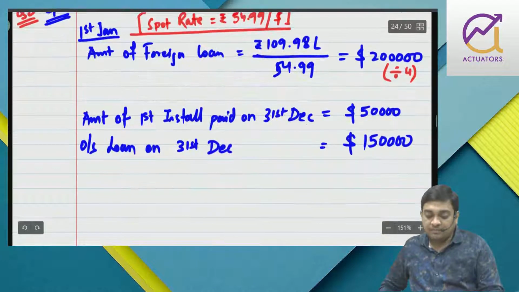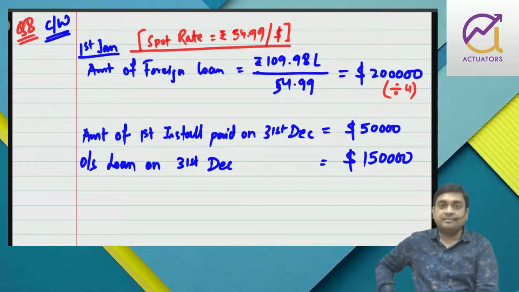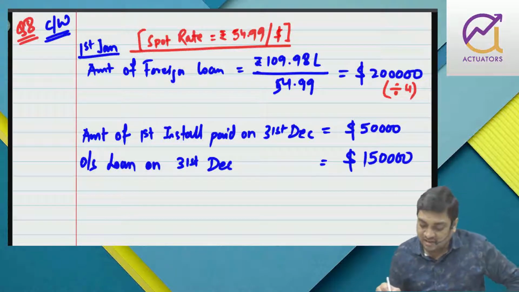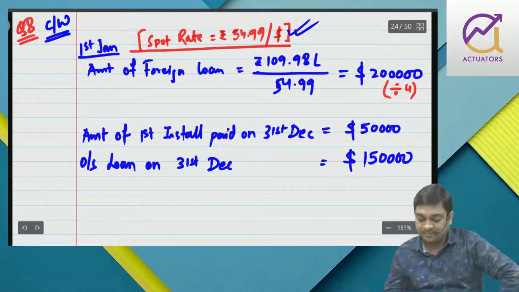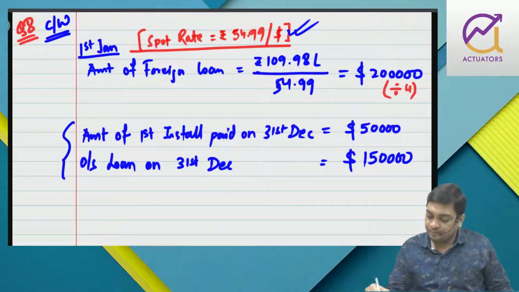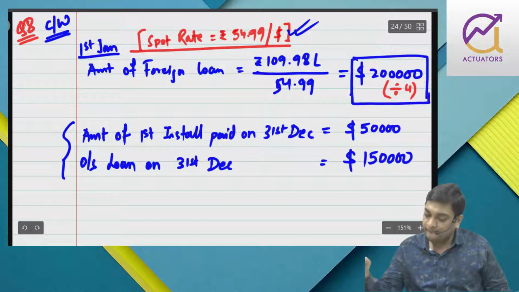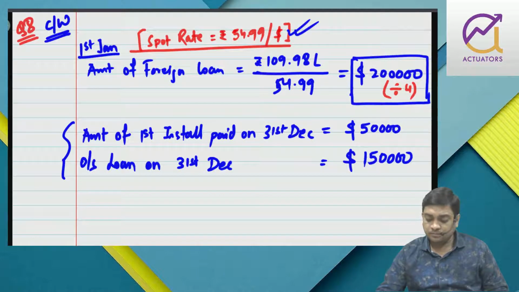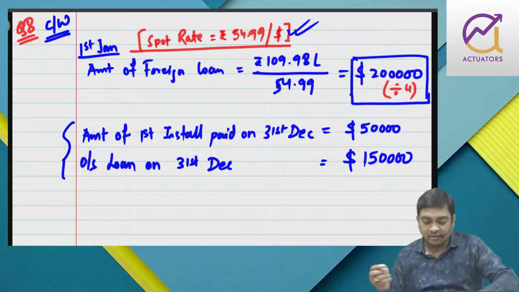But remember, you don't report the transaction in foreign currency, right? Initially this loan is recorded at equivalent Indian rupees using the spot rate of 1st January. So you came to know the foreign currency loan. So 1/4 is to be paid and the 3/4 is to be carried forward.